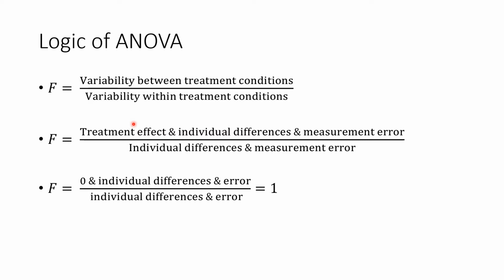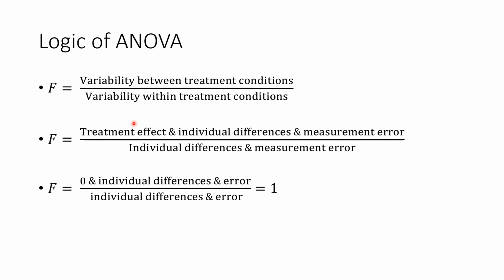So part of the variability between the different conditions is the fact that the groups are getting different treatments. That's the variability that we're interested in. We want to know how large the difference between the groups is, because we want to know how much more or less effective one treatment is than another.